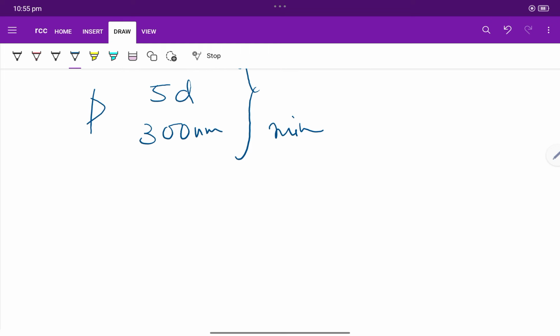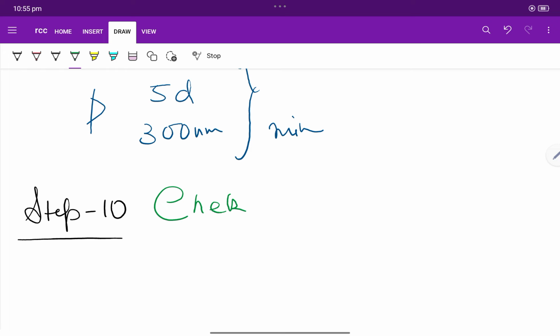Now there is the last step, that is we have to check for shear. It is just a check; the designing is complete till this step. So check for shear.